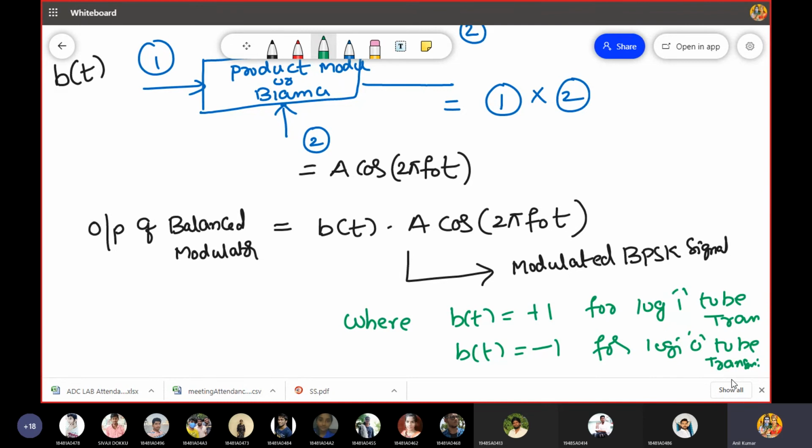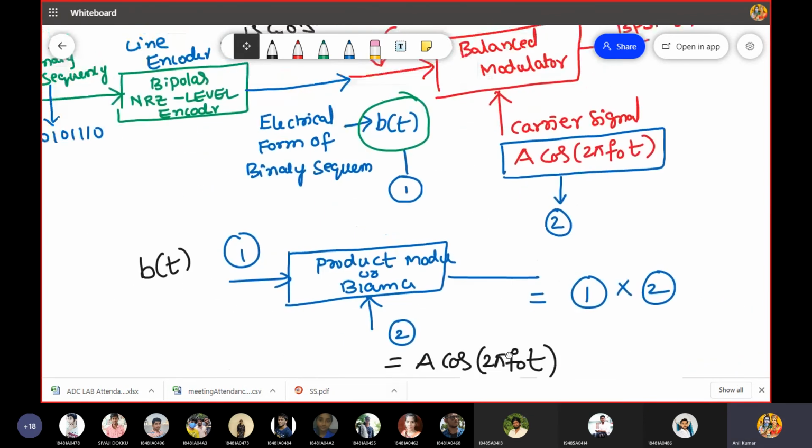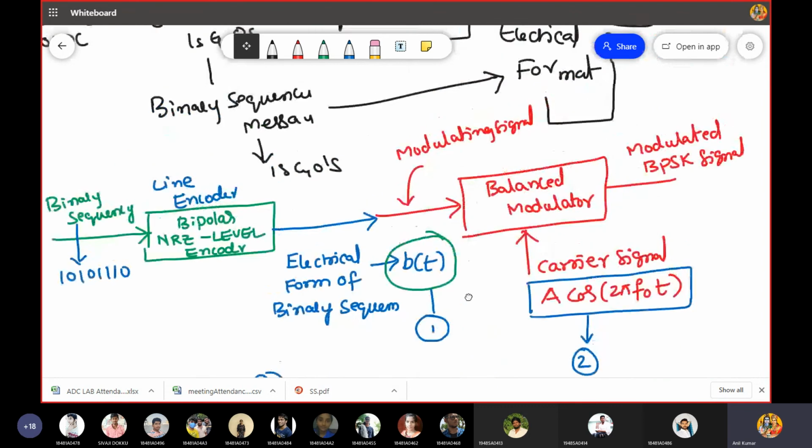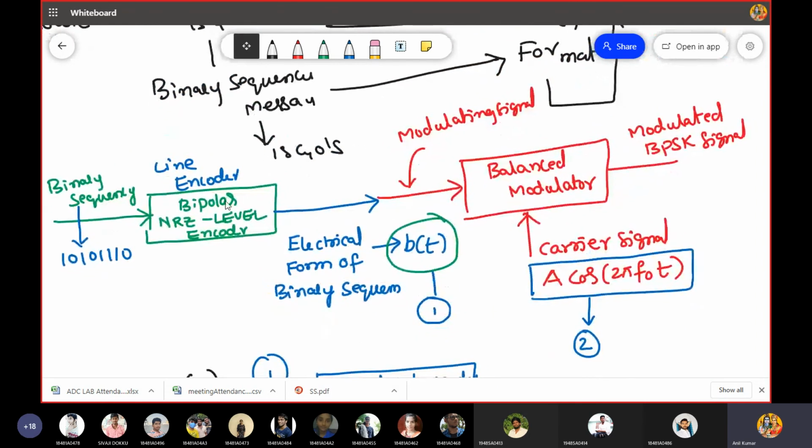Is it okay? So this is the output of your balanced modulator. The balanced modulator simply performs this. This is your generation block diagram.